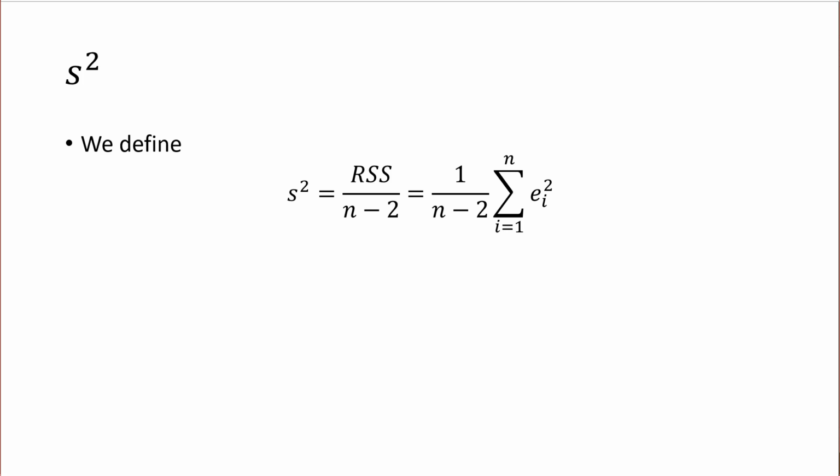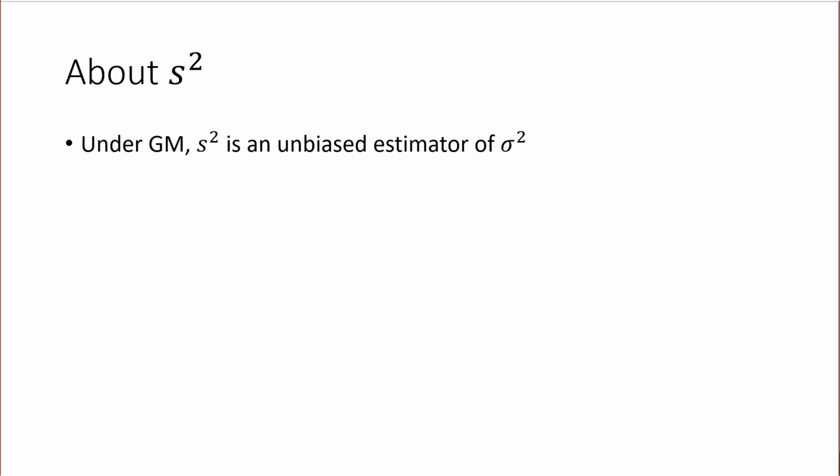It's defined as RSS, remember, that was the sum of squares of the residuals, divided by n minus 2. So 1 over n minus 2 times the sum of the squared OLS residuals. Actually, it doesn't even have to be the OLS residuals. We can define S square using any residuals.